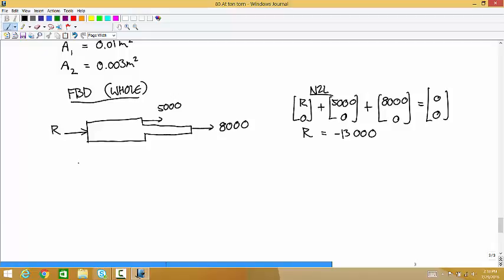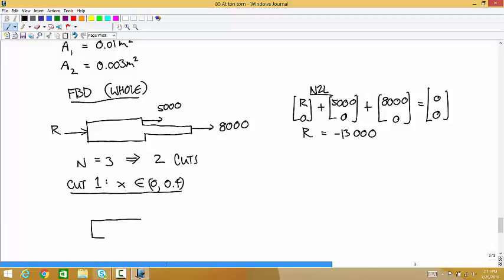What's n? How many places where the subfunctions change? 3. So we're going to need 2 cuts. So cut 1 is for x values between 0 and 0.4. It's going from the wall to the shoulder. We have a force going this way of 13,000.